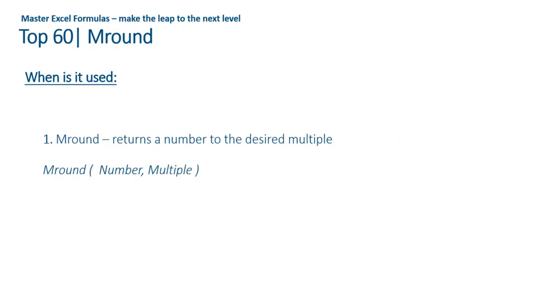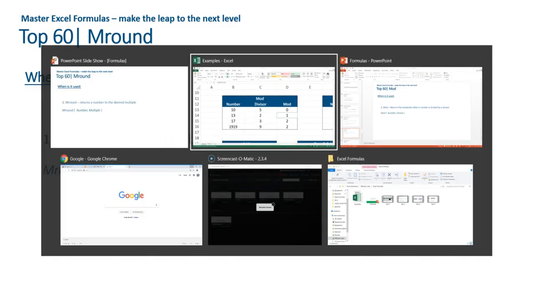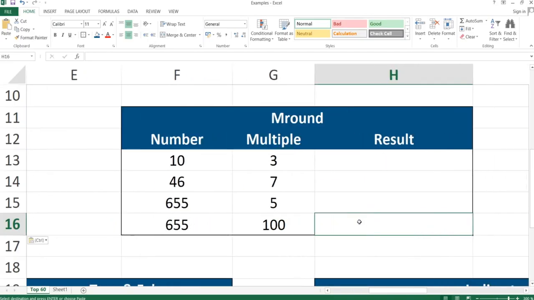Back to the presentation. The next formula is MROUND. This is a pretty good formula and I really like it, and you will see why. First of all, what the formula does is it returns a number rounded to the desired multiple. It might sound a little bit confusing at the moment, but you will see what I mean when I give you the example here.